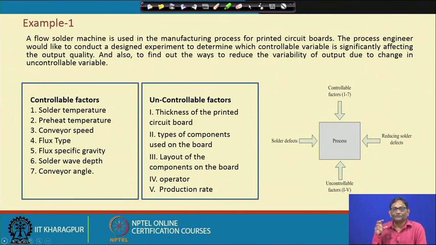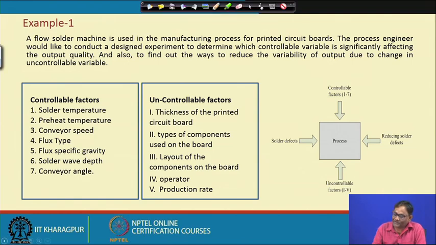So, if you want to do an experiment, your first thing is that you must know the system. Here is the solder machine and how it will work when manufacturing printed circuit boards, and what the inputs and outputs are. So, what are the controllable factors and uncontrollable factors.